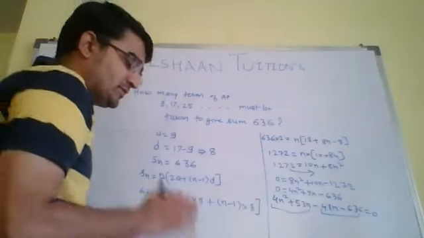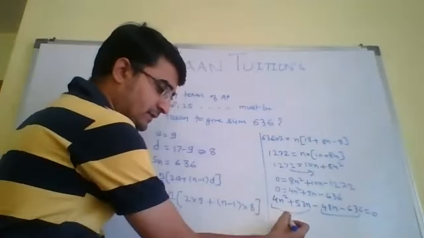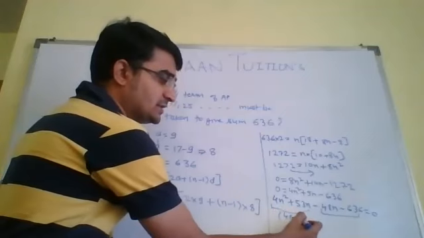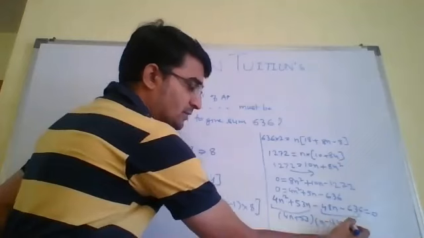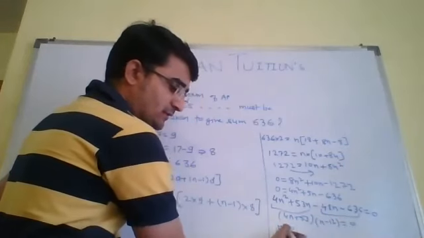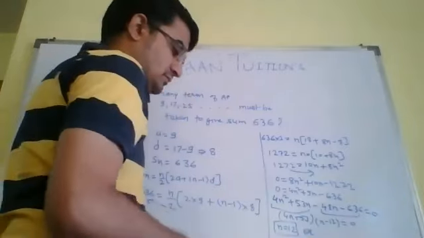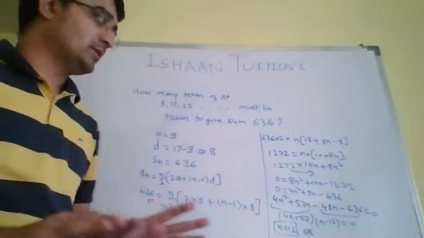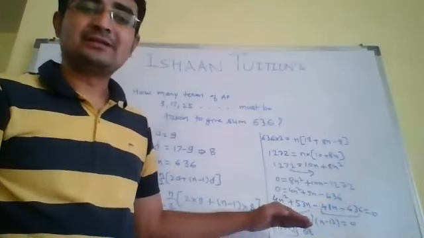The final answer of n: here it will be 4n plus 53, and here it is n minus 12. So the answer is n is equal to 12. Sorry guys, my whiteboard is limited, I can show you till this step only.